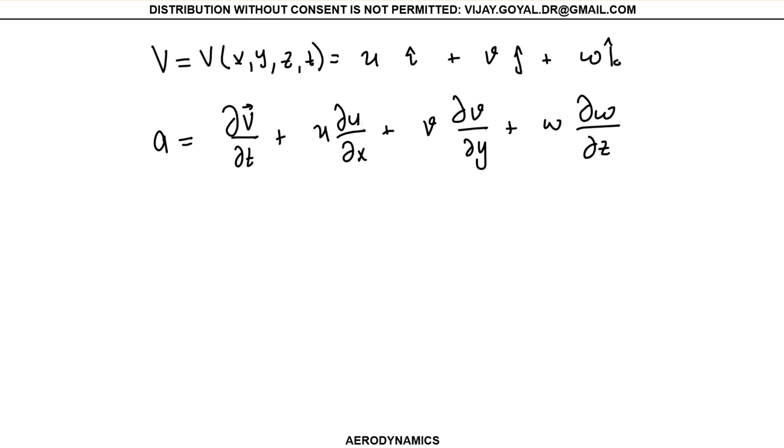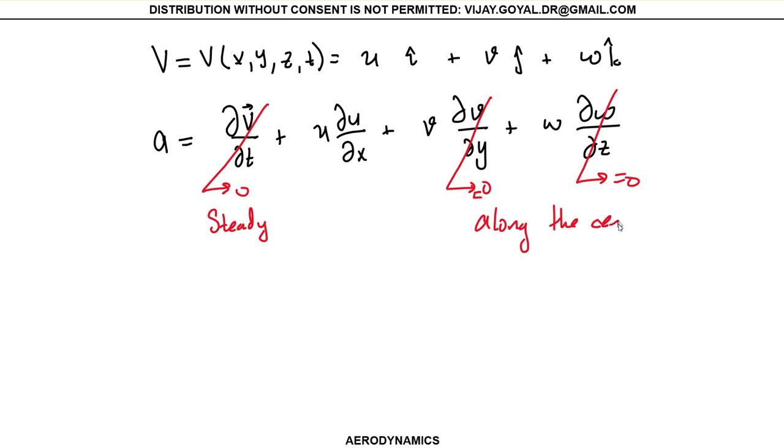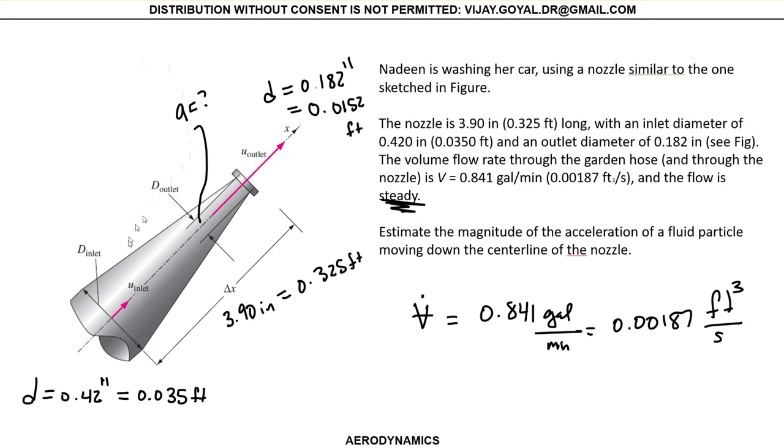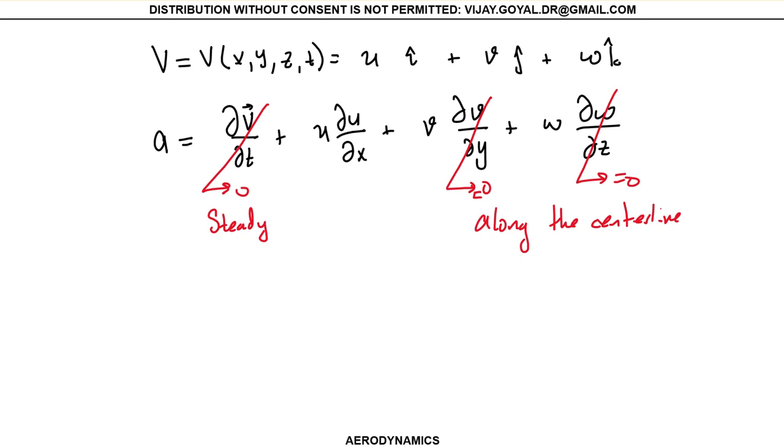Note that the time term is 0 because the problem states that this is steady. Note that these two are 0 because we are working across the center line. The fluid is along the center line, and we moved our coordinate system such that x falls along the nozzle line, the flow line. So in the problem, you're left with a equal to u partial of u with respect to x.